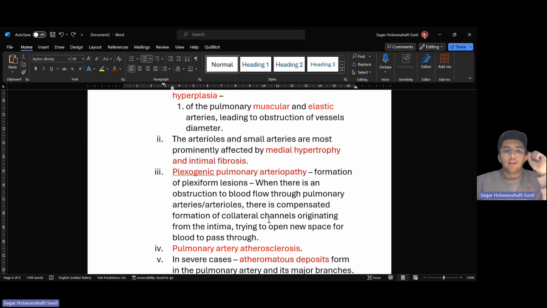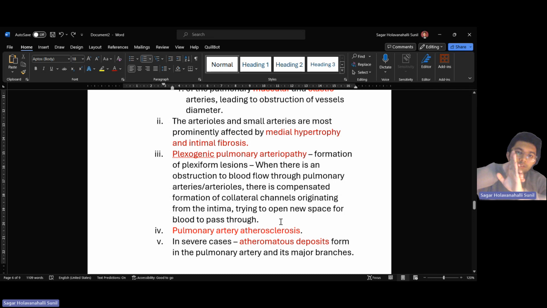It could also pass through the vasculature and form new vessels, and it will connect back to the same vessel, or it can connect to some other vessels. Essentially, there's a new network of vasculature developing within the wall of the artery and through the lungs itself.